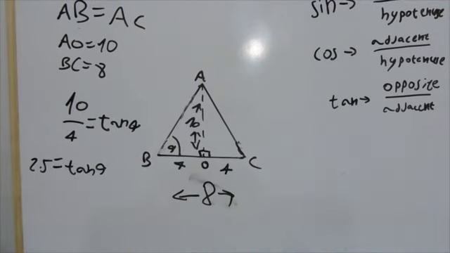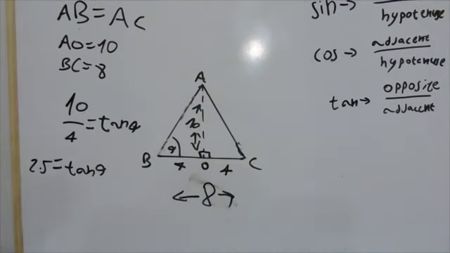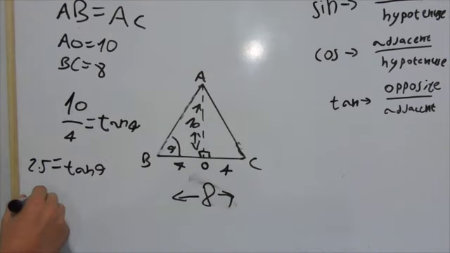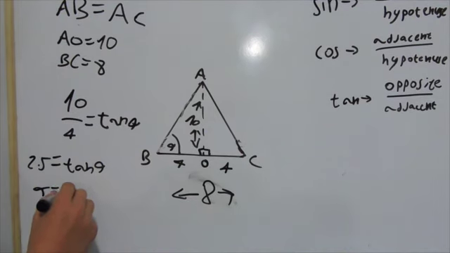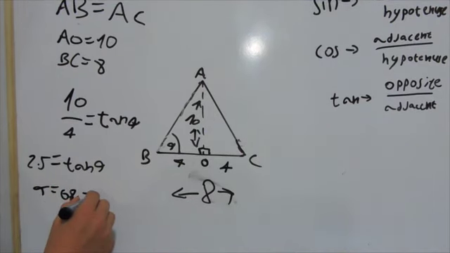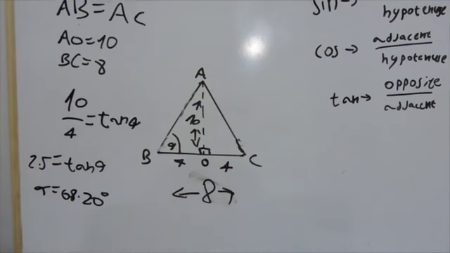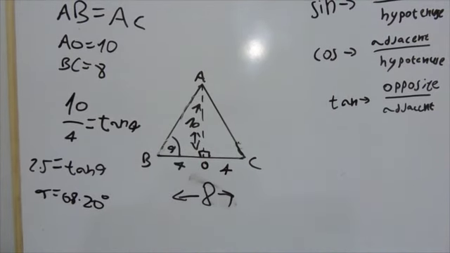We press shift tan when we have alpha as the missing one, and we just press the ratio, which is 2.5. Okay, so alpha equals 68.20 degrees. And that's how we solve that problem.